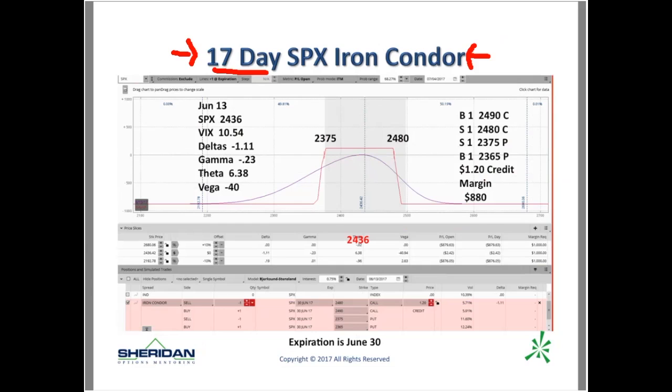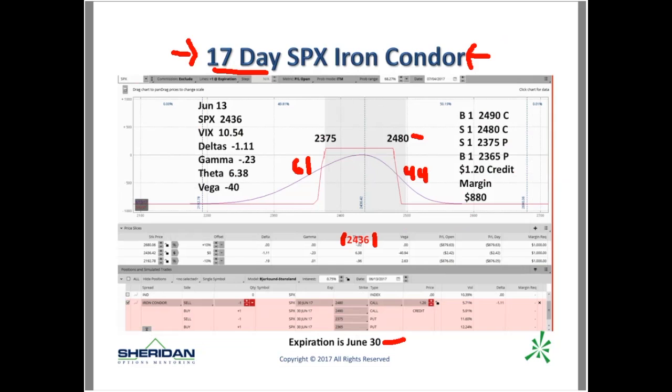But here would be with SPX at 24.36 today. I'm 17 days out. I'm using the June 30 expiration. I'm selling the 24.80 call, which is 44 points up. And I'm selling the 23.75 put, which is 61 points down.